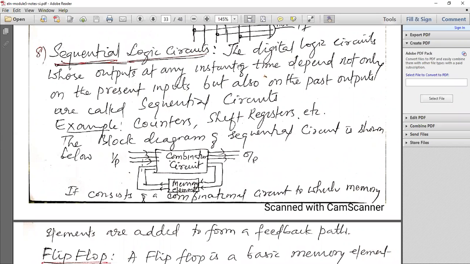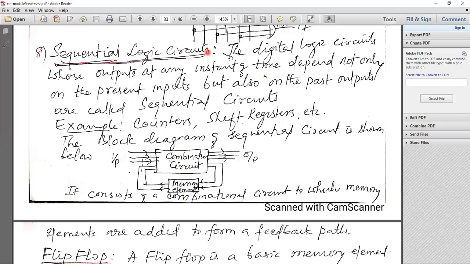So the digital circuits whose outputs at any instant of time depend not only on the present input but also on the past output are called sequential logic circuits.